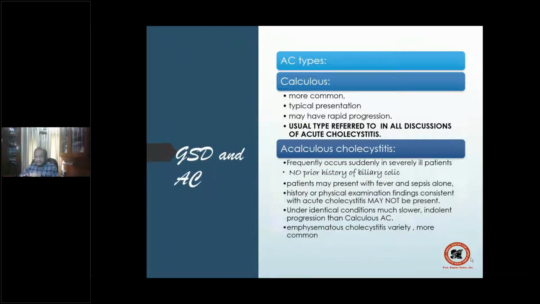History and physical examination usually do not point towards the diagnosis of acute cholecystitis. And if you have identical conditions for calculus and acalculous cholecystitis, the patient with calculus cholecystitis would have a very rapid course compared to acalculous, which has an indolent progression. The emphysematous variety of cholecystitis is more common in acalculous cholecystitis.